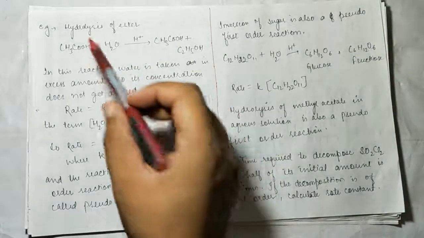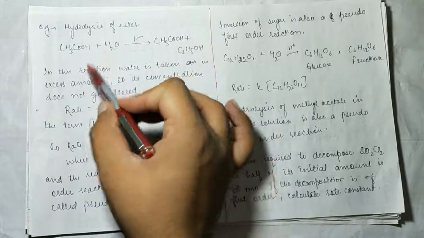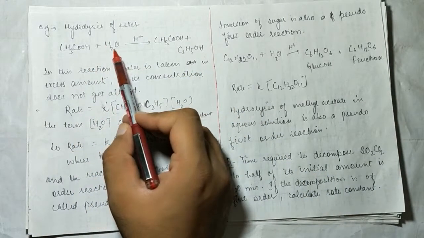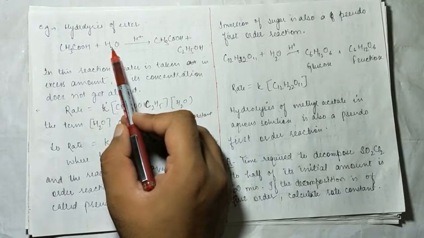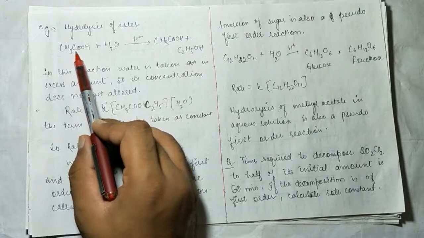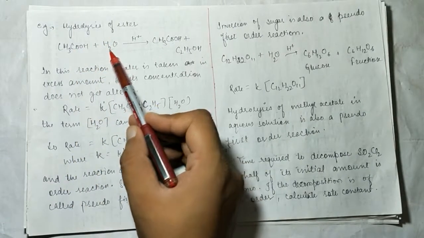One more example is hydrolysis of ester. In this reaction water is actually taking part in the reaction, but water is in excess amount. Like we are taking 10 mole, 30 mole of water and 0.01 mole of ester, so there is no considerable change in the concentration.